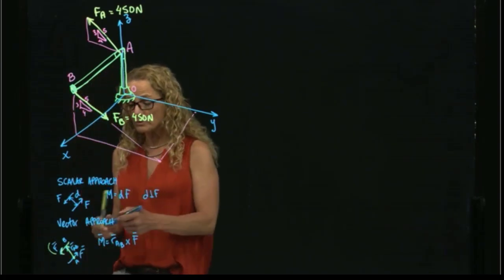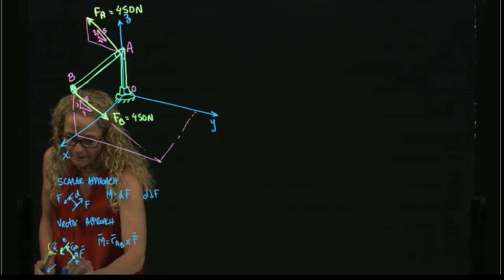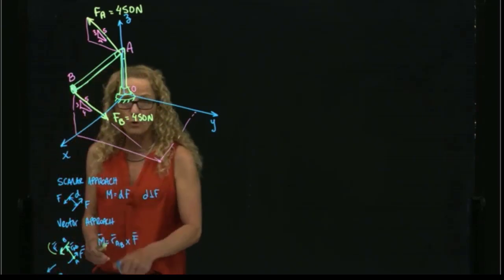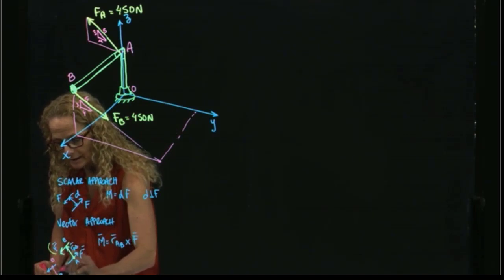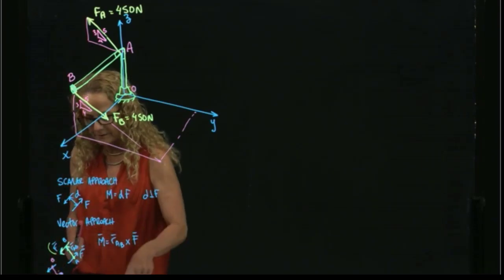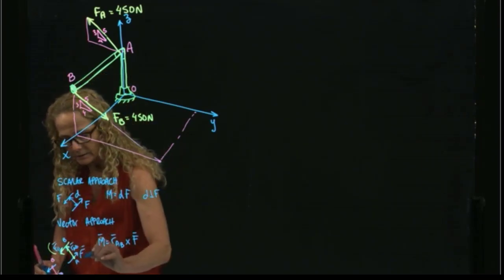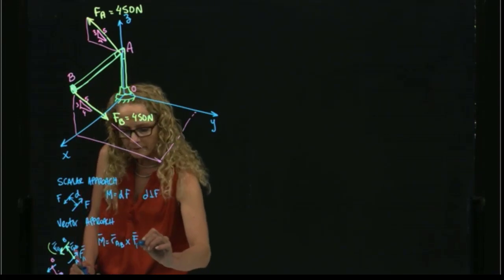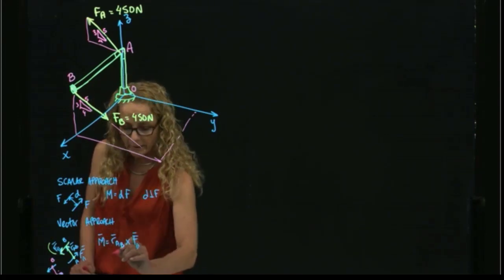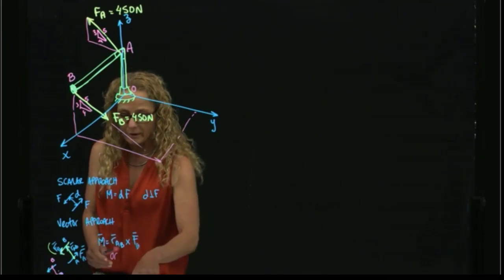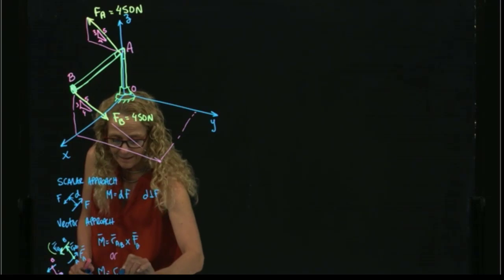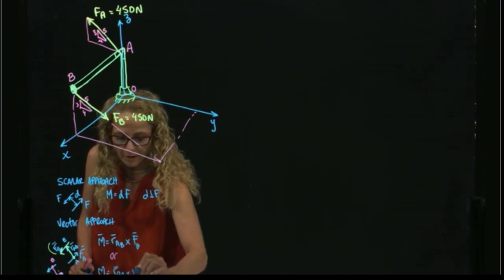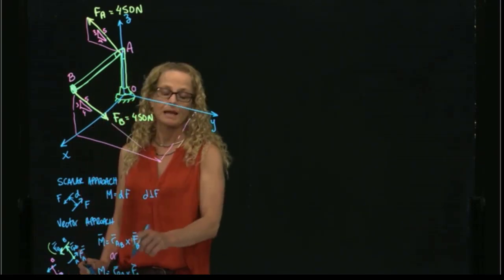I could do it the opposite way. I could go from B to A, and then I will use this force over here. If we name this force B and this force A, this will be times B, and the moment will be RBA cross FA, and I will have exactly the same result.